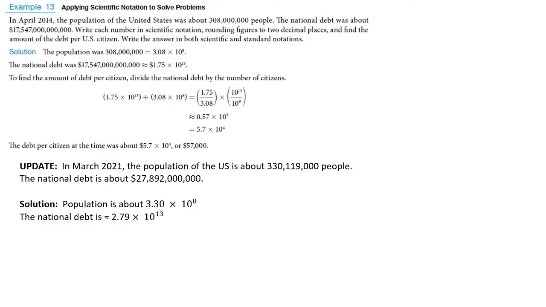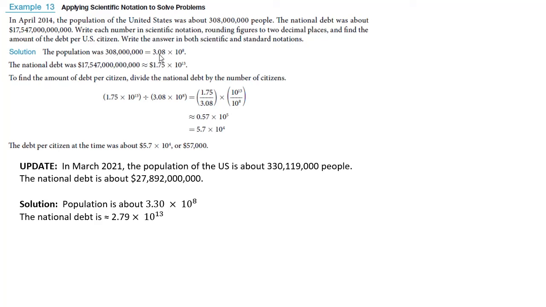In example 13, we are going to apply scientific notation. In 2014, the population of the United States was about 308 million people, and the national debt was about 17,547 billion. Now we want to figure out in 2014 how much debt is that per citizen. So we write the population in scientific notation.